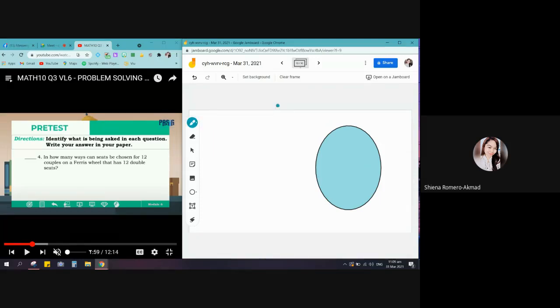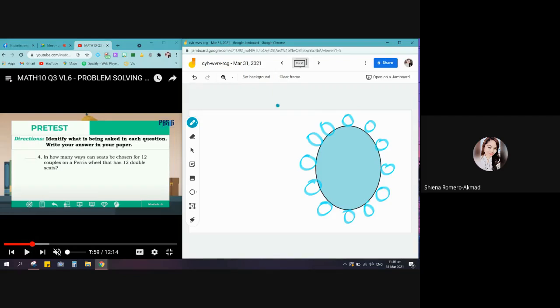So, 12. 1, 2, 3, 4, 5, 6, 7, 8, 9, 10, 11, 12. So there are 12 double seats. Each couple will occupy each double seat.